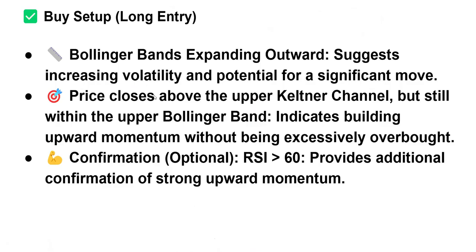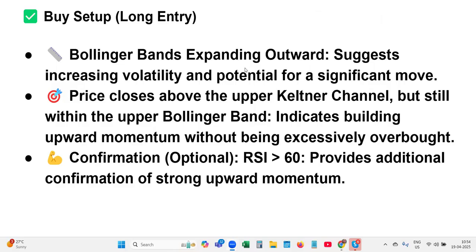Buy setup, I explained it to you. Again, I'm going to tell you. Bollinger Bands expanding outward. They will expand outward, which suggests increasing volatility. See, you need to observe the things. Observation is very, very important. When you see the expansion of the Bollinger Band, it indicates volatility is building in the market.